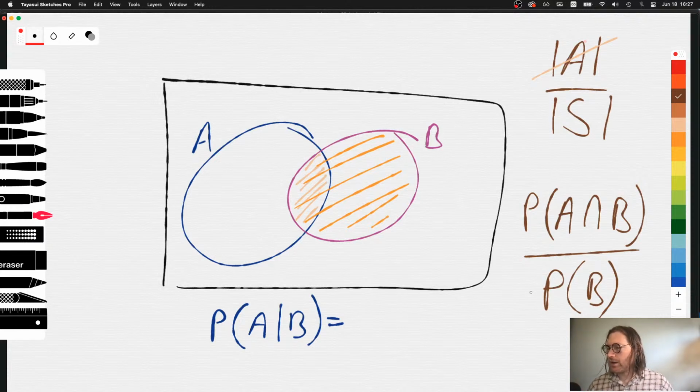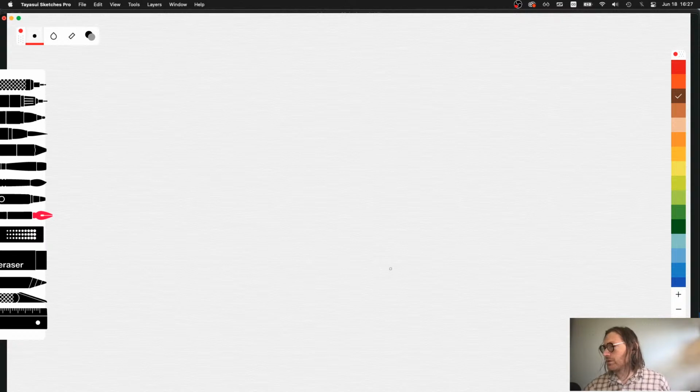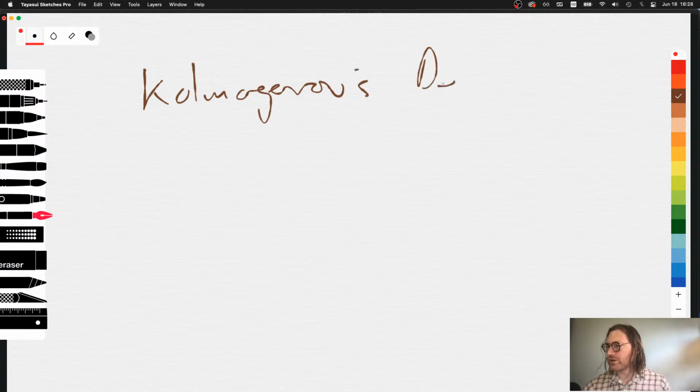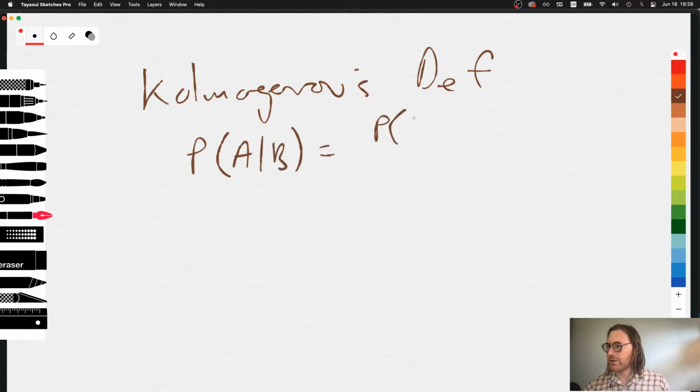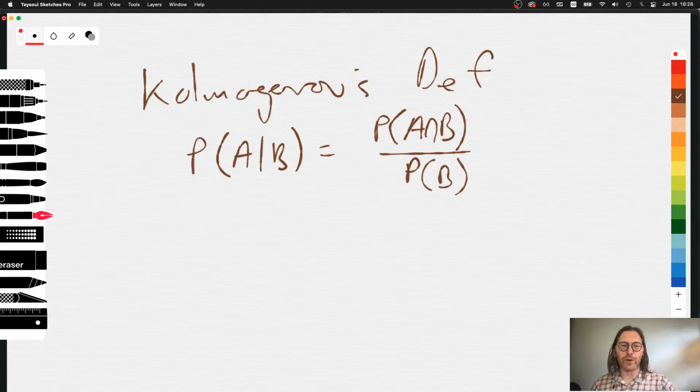In this case, it's just the intersection over the totality of B. So we're looking at the probability of A intersect B over the probability of B. And it turns out that this is actually Kolmogorov's definition: the probability of A given B equals the probability of the intersect of A with B over the probability of B. So that's kind of our starting point.